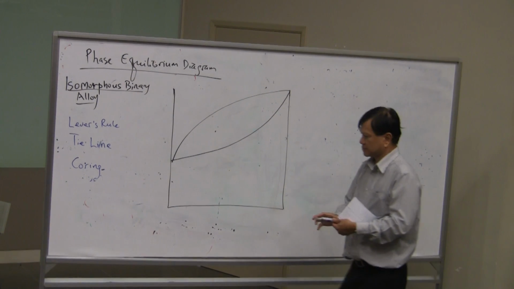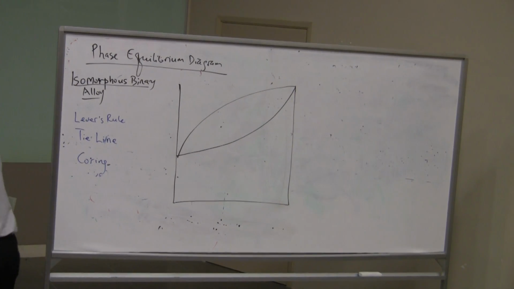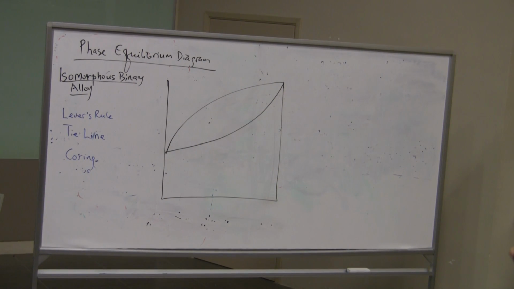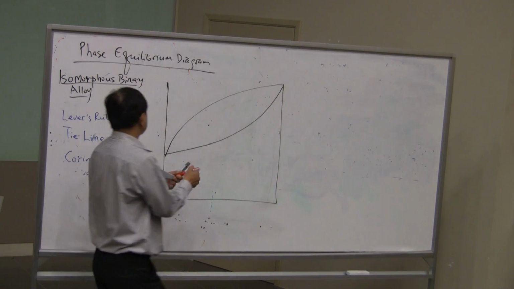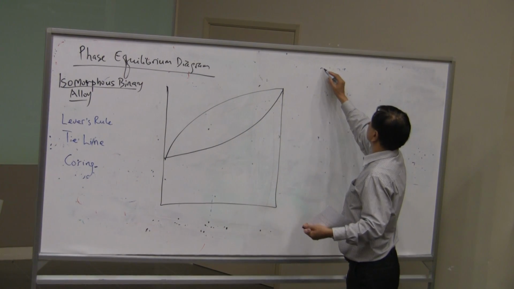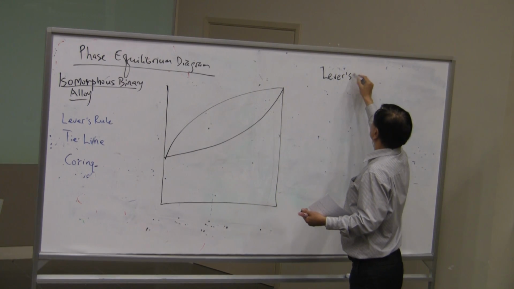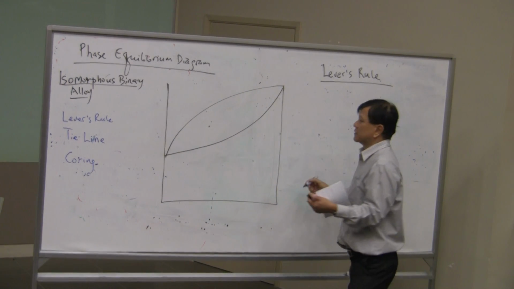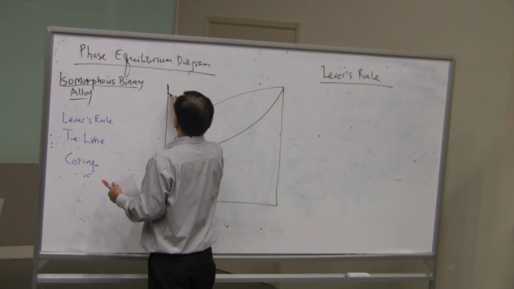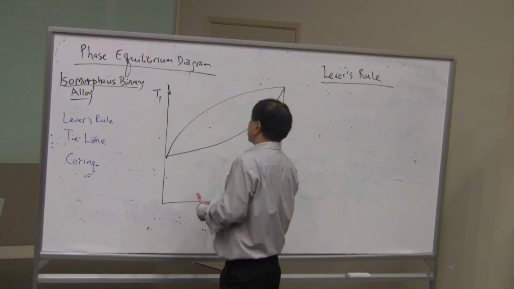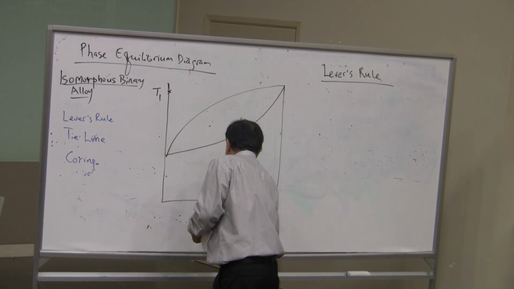Alright, now if you are asked about the lever rule, they will tell you, okay, at the temperature T1, and the composition, let's say C1.